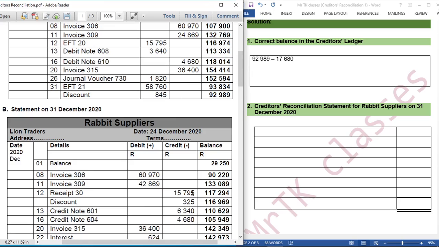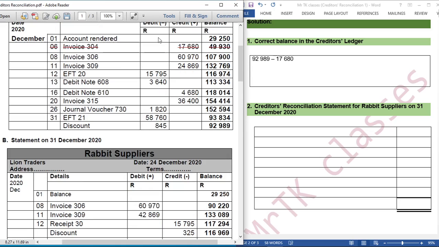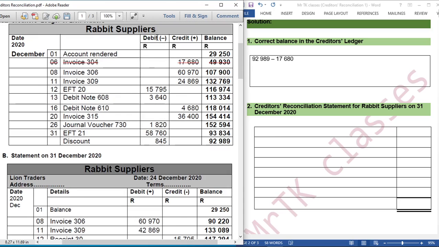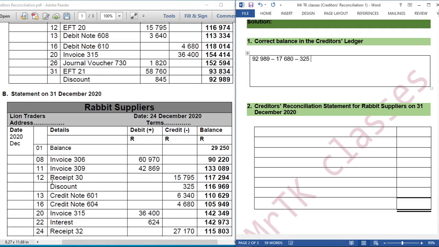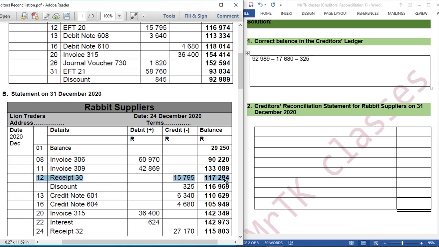So this discount is supposed to be recorded under the debit column. So if it is supposed to be recorded under the debit column, it means it is supposed to be a negative. So we are going to have minus 325.